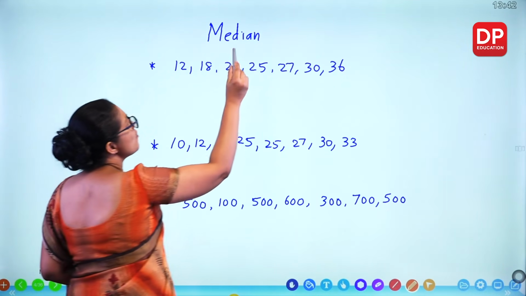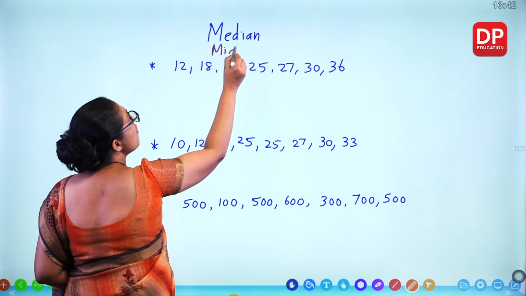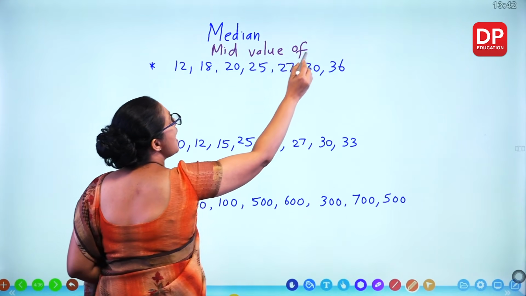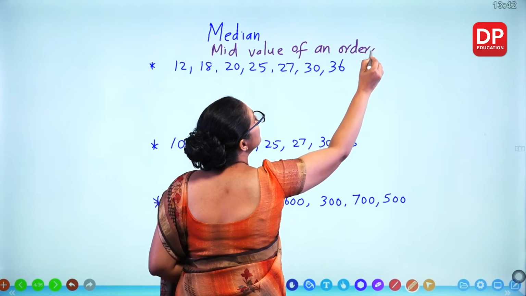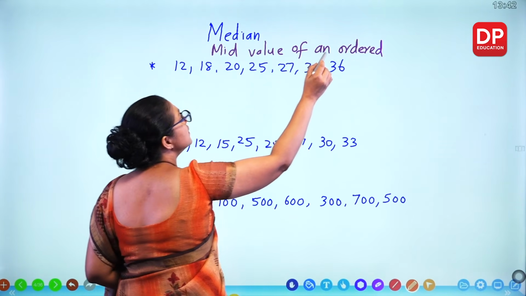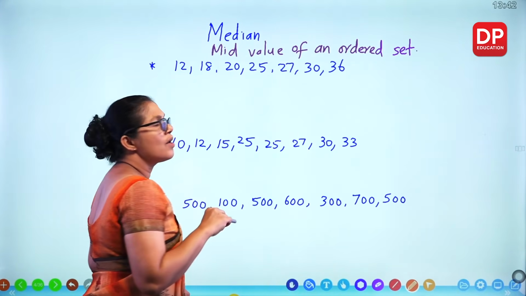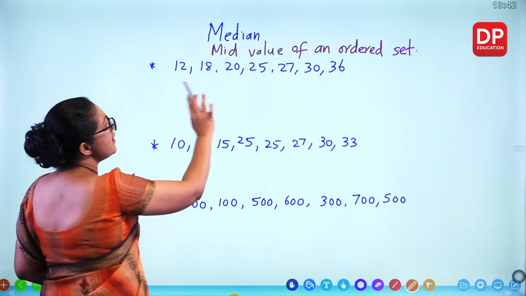So I'll write down the definition of median. Mid value of an ordered set. That means rearrange lowest to highest. Now in this case it's already ordered.